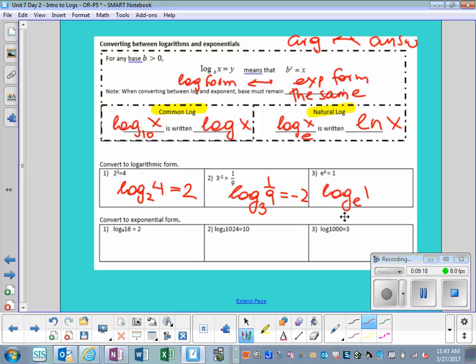So my answer becomes my argument. And what is the argument for my exponential function here? 0. So that becomes my answer. Because this log has e as its base, how do we write this kind of log? ln. So ln of 1 equals 0. That would be my final answer for this.